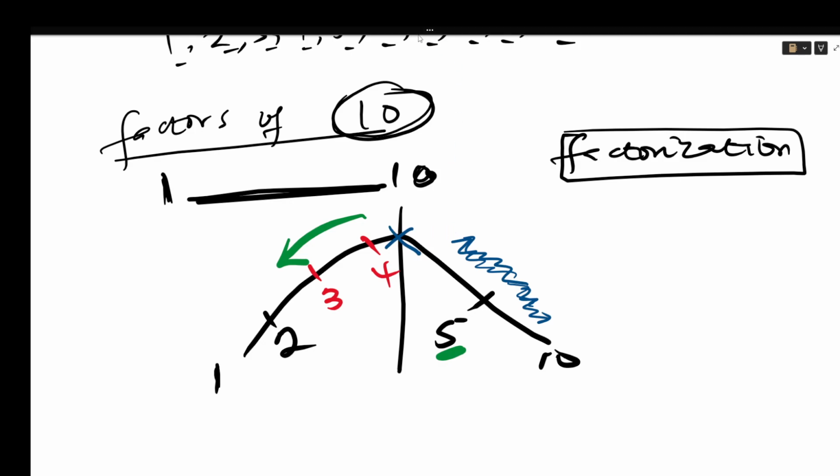Let's try another example. Let's have 14. No, let's have 12. Yes, let's have 12. So factors of 12.